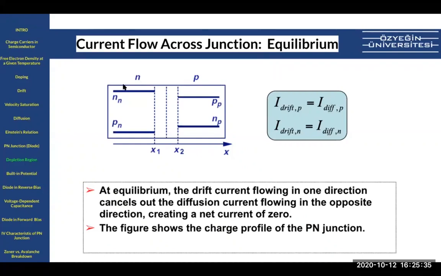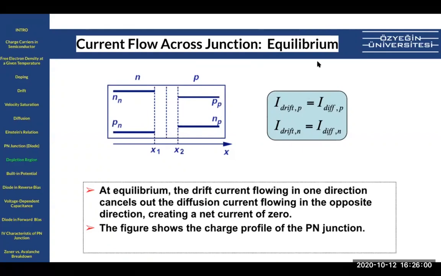So the electric field causes these electrons and holes to move with certain speeds, and when we increase the electric field, somehow the velocity saturates at some point, right? There is a physical phenomenon which I can explain later, but eventually they come to a saturation.